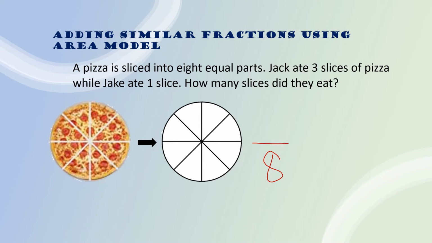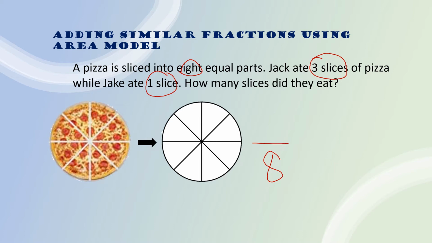Okay, so let's take a look at the given information in our problem. We have 3 slices and 1 slice, and we know that it's divided into 8 equal parts. For Jack, he ate 3 slices.